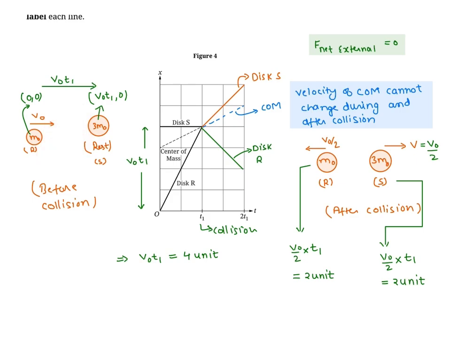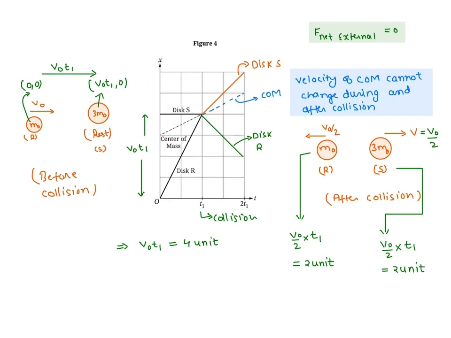So in the absence of external force, I can say that the momentum of the system will not change and the velocity of the center of mass will not change. And therefore, I am extending this line because the velocity of the center of mass is constant. Because for a straight line, the slope is constant. Here, slope is nothing but velocity. By applying momentum conservation, we found that 3m naught was moving with velocity v naught by 2.